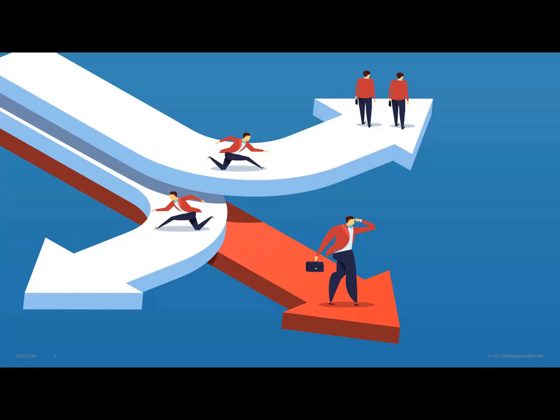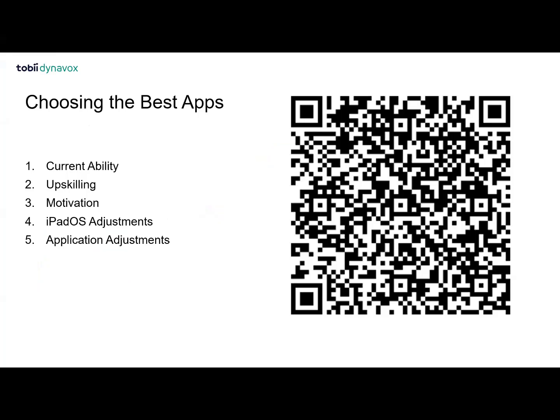So what we're going to do today is have a look at these considerations. I put the link in the chat to a handout, and you could also use the QR code here on the screen. This is the handout that Bethany developed. We're going to refer to this throughout the session.